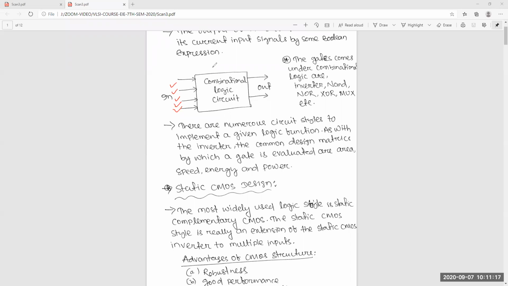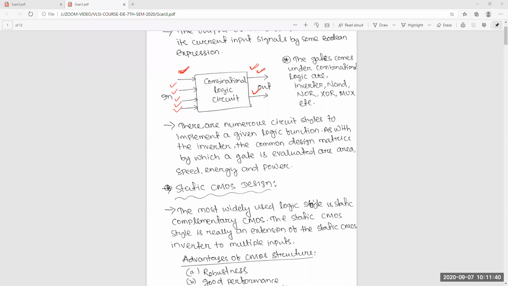Either it's a complex logic, that means AOI or OAI, in which case you have to give multiple inputs. And in the output, sometimes you will get a single output or multiple outputs. All the time the output depends on the present input.